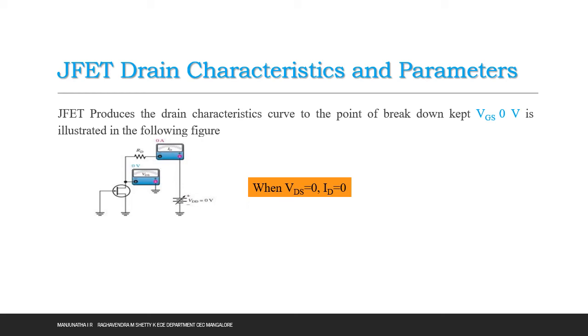Coming to the condition, VDS is equal to 0 and ID is equal to 0. Okay, so observe the figure. We have connected two measuring instruments.